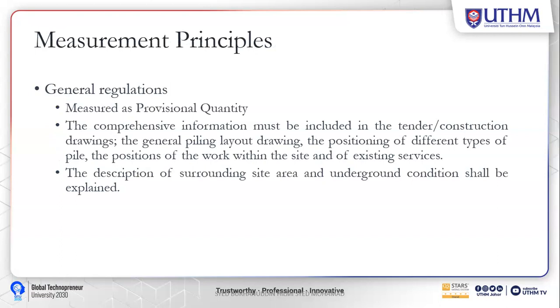Okay class, for every measurement that we do in taking off or quantity measurement, we need to follow the principle. We have the general regulations. Where we need to refer to all of these, you need to open the SMM2, the Standard Method of Measurement, edition 2.